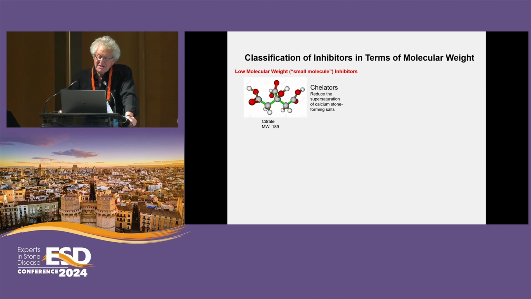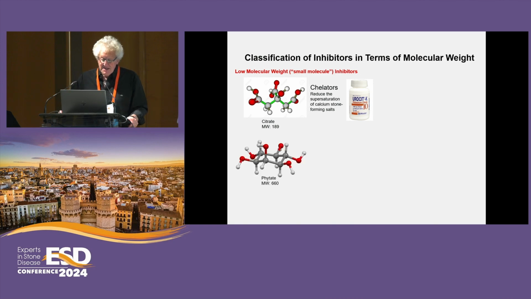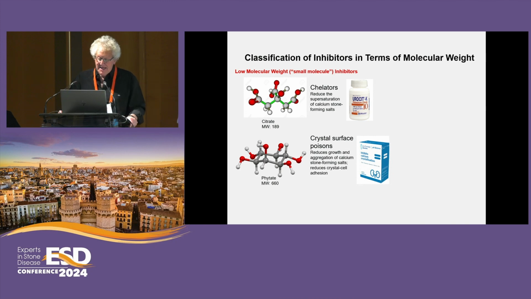And this class of inhibitors, mainly chelators, they bind to calcium and reduce the supersaturation, and there's an example. And then there's phytate, a molecular weight 660, also serve as chelators, but also as crystal surface poisons for preventing growth and adhesion, and there we have an example.